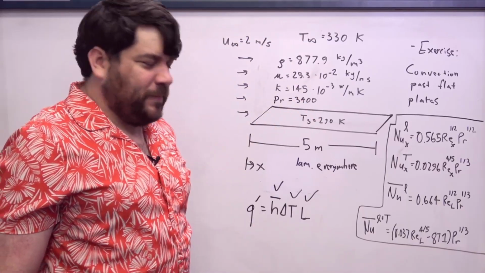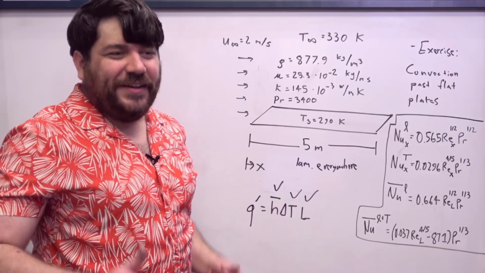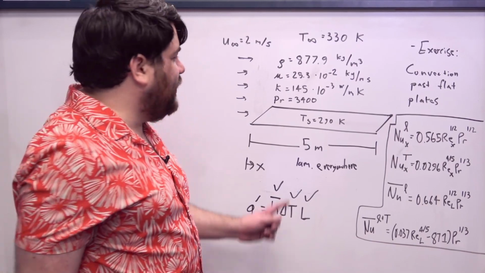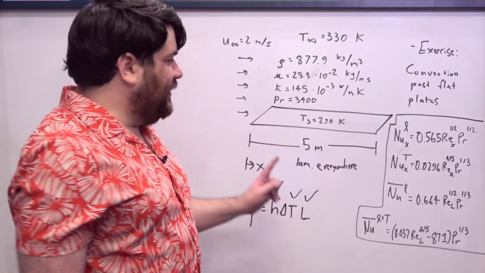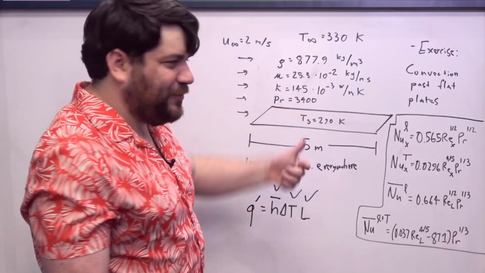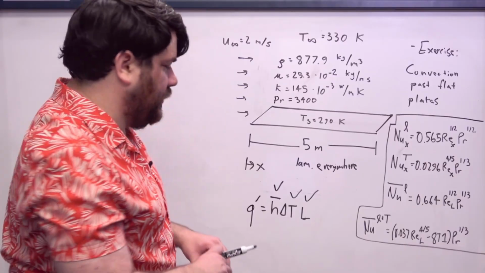Okay? If I had used a different delta T, the Q prime would be reversed, and then basically I'd have to think about a very confusing notion of like there being a net heat transfer rate of negative whatever out of the plate, which is the same thing as a heat transfer rate of positive whatever into the plate.